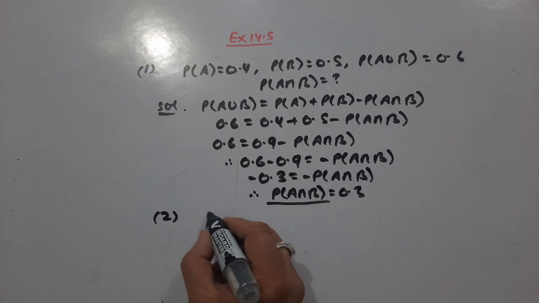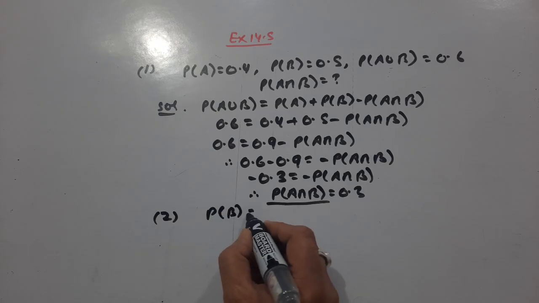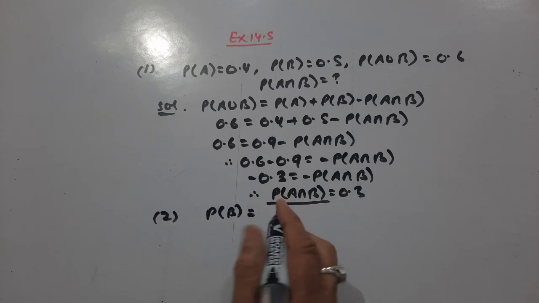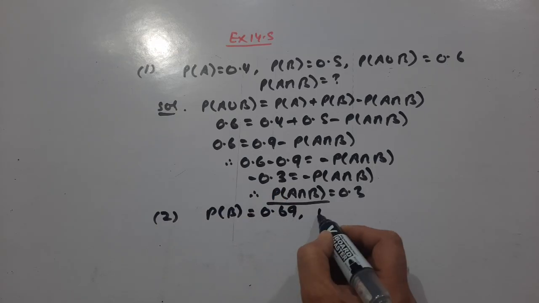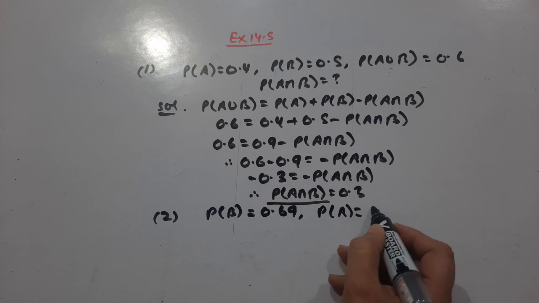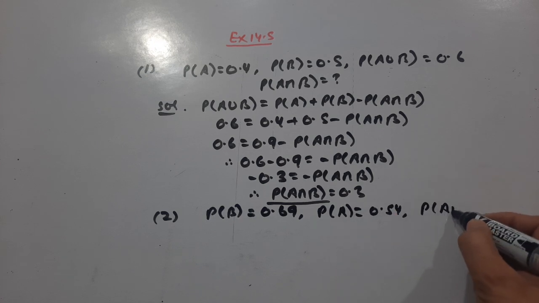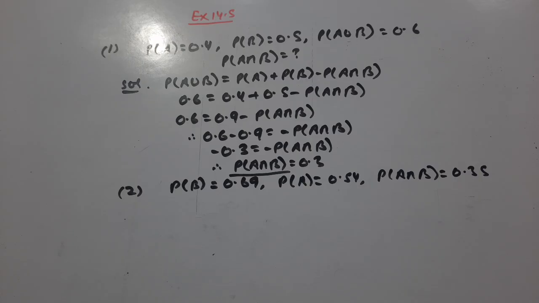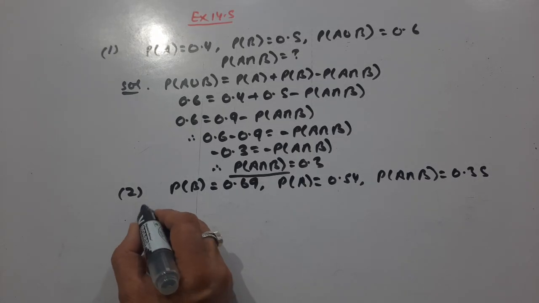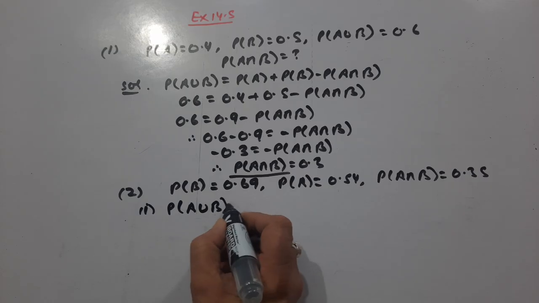In the second question we are given that P of B is 0.69, P of A is 0.54, and P of A intersection B is equal to 0.35. So we have to find, first part, P of A union B.